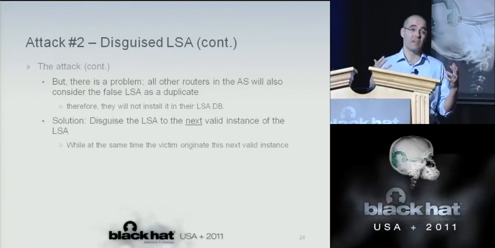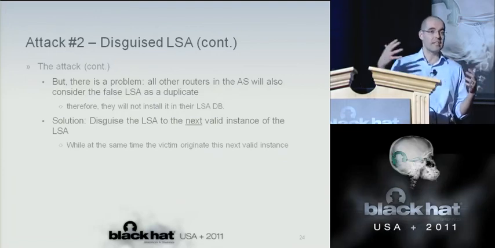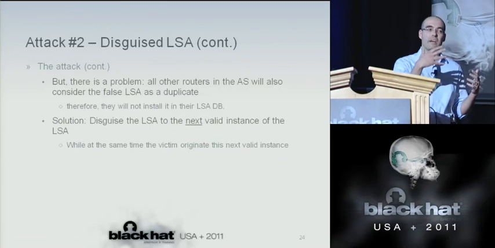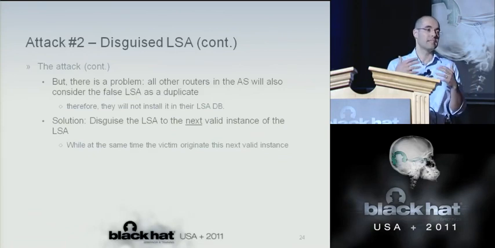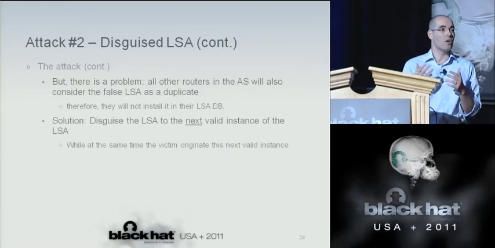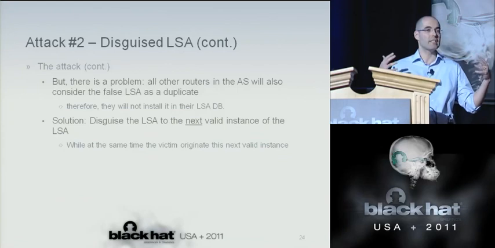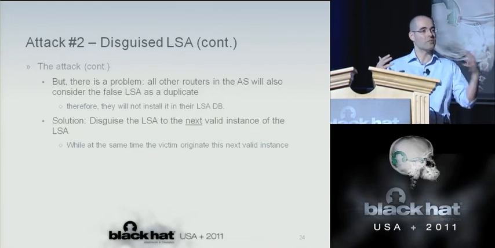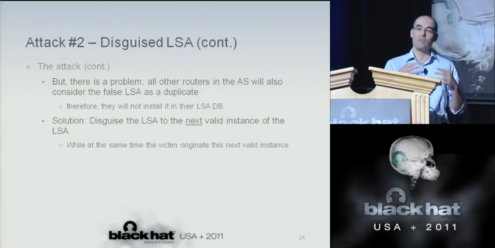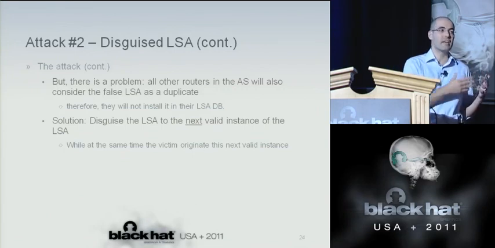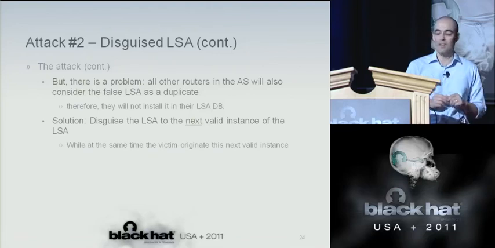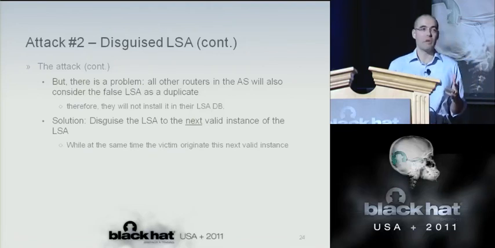So if, in principle, we send out the disguised LSA flooded throughout the network, then all the routers will install the LSA since it is disguised to the next valid instance of the valid LSA. And if simultaneously the next valid instance is also sent out, then when the disguised LSA reaches the victim, it will regard it as a duplicate, and no fightback will ever occur.